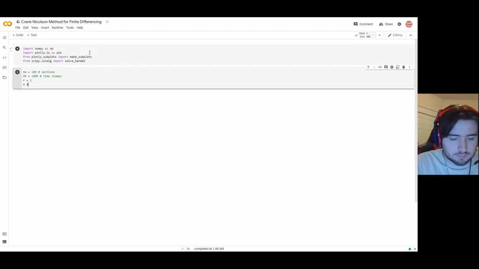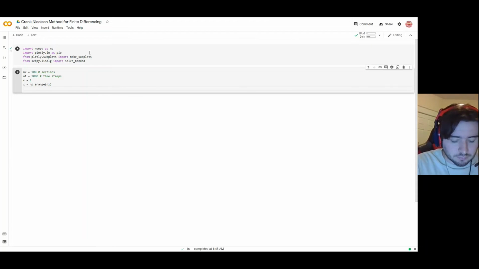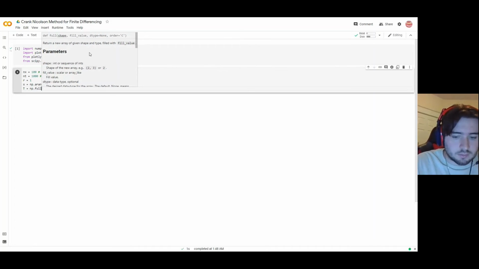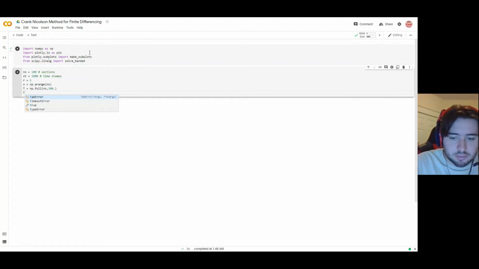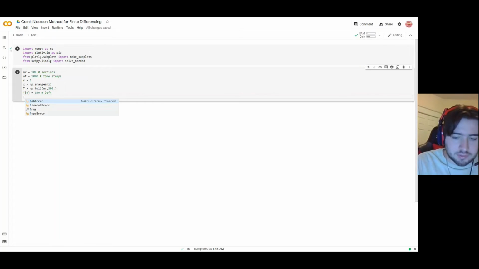Then we'll set our initial profile, with 50 on the left and the profile initially on the right.